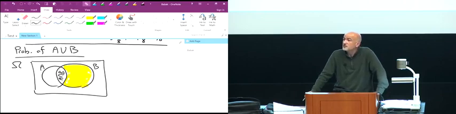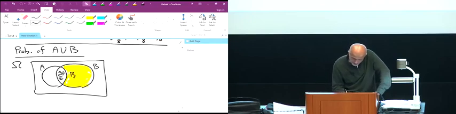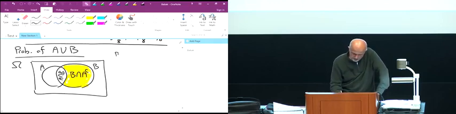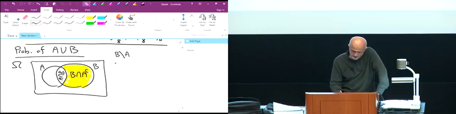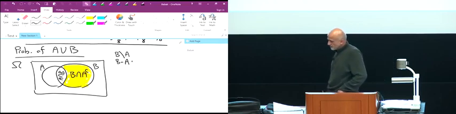B intersects with A complement. We use the symbol B backslash A. It's the portion of B that's not in A. If you like, you can use B minus A. I don't care what symbology you use, as long as you make it clear what you mean by what you're writing down.